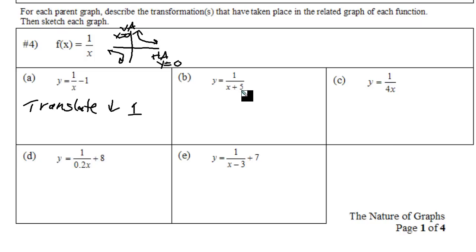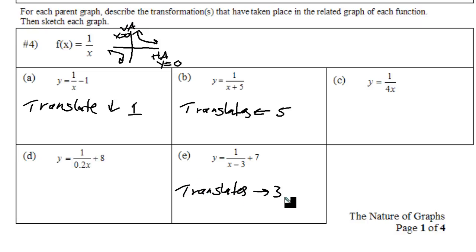What does this plus 5 do to the graph? Well, that's inside the function. Translates it to the left 5. C, I'm going to come back to that because that is a bit tricky. So is D. E, this minus 3 takes it to the right 3, plus 7 translates it up 7. So we'll say translates right 3 and up 7.